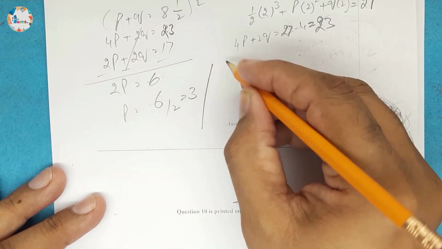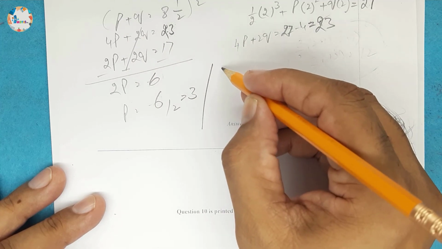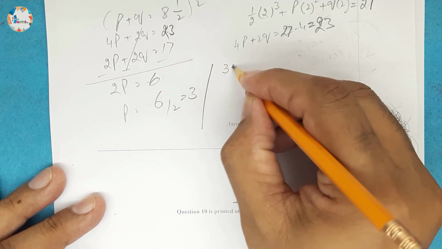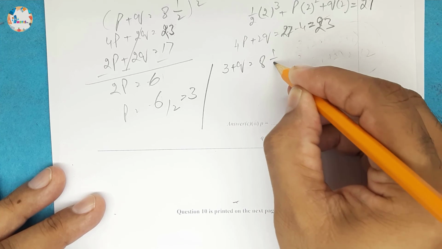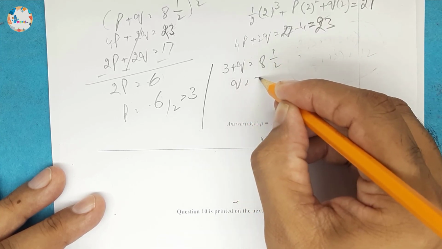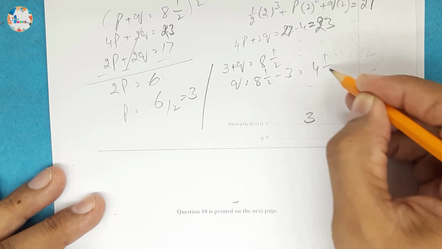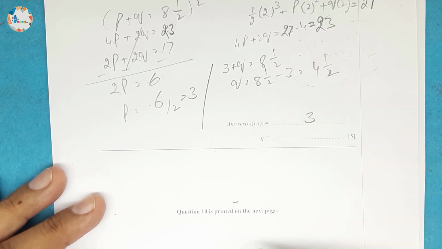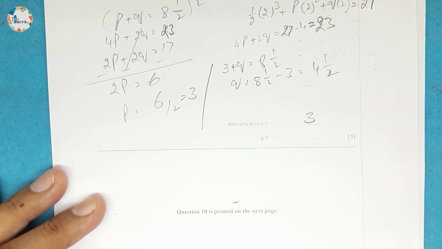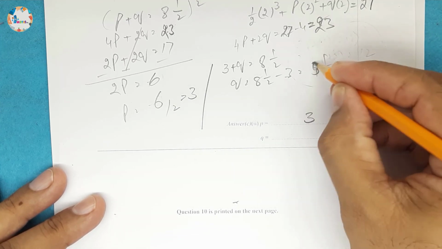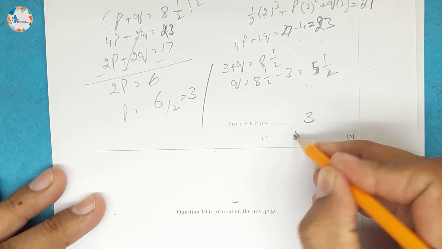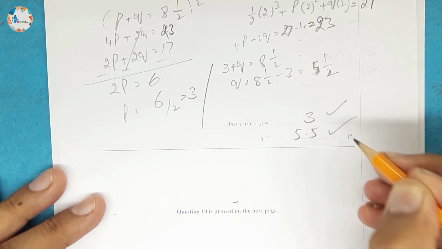So p plus q is equal to 8 whole 1 by 2, so 3 plus q is equal to 8 whole 1 by 2, so q will be equal to 8 whole 1 by 2 minus 3, which is 4 whole 1 by 2. So this will be basically the value of 5 whole 1 by 2. So 5 whole 1 by 2 or 5.5, we can write the answer like this.